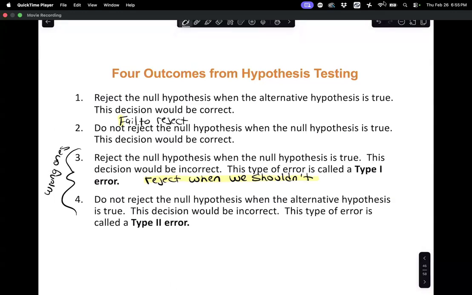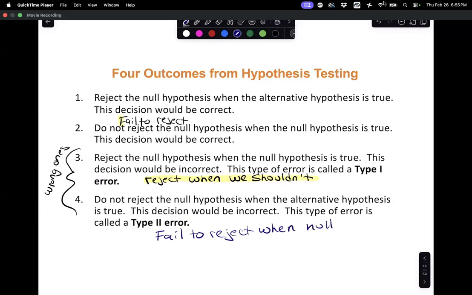Sorry about that. A type 2 error is if we fail to reject the null hypothesis when we should reject it. We figure out the alternative hypothesis is true, but we don't reject it. We don't reject the null. So fail to reject when null is wrong.